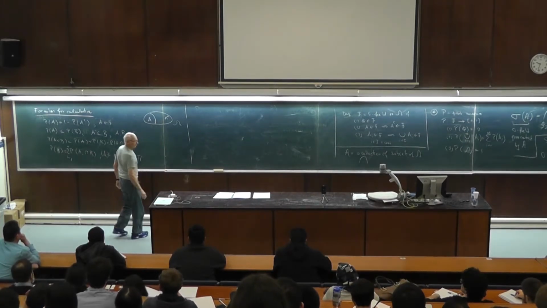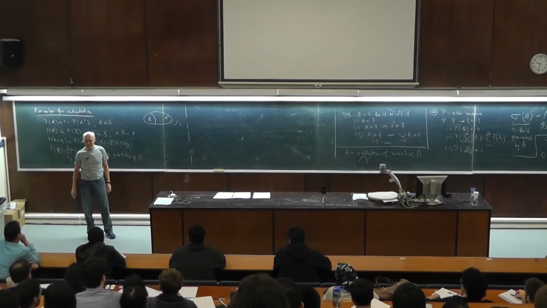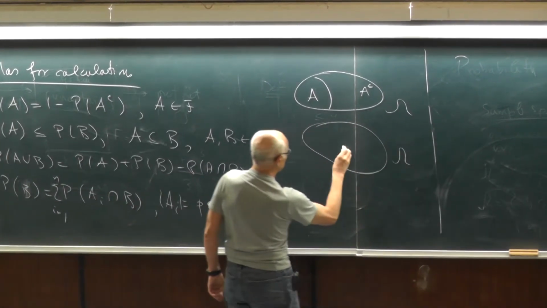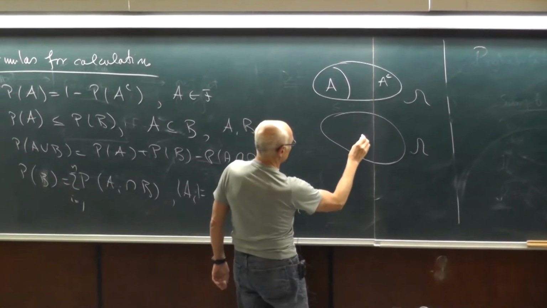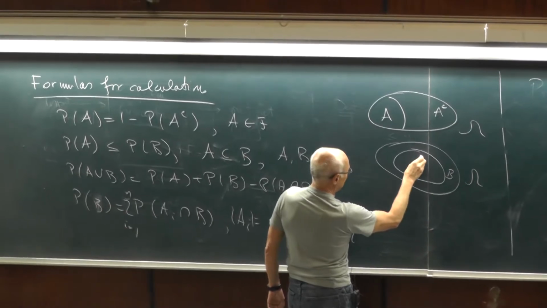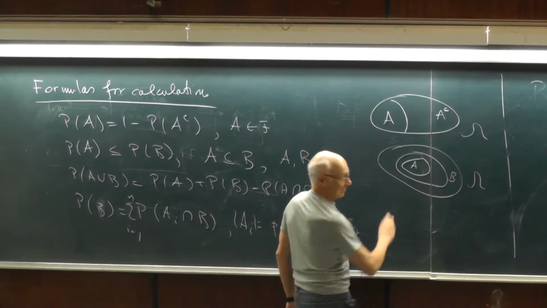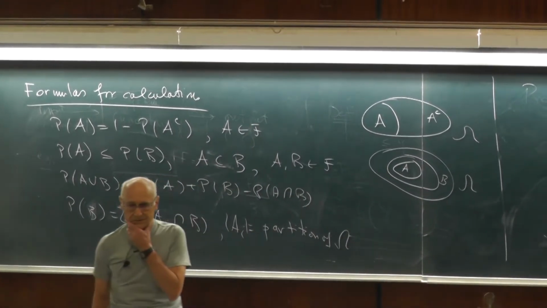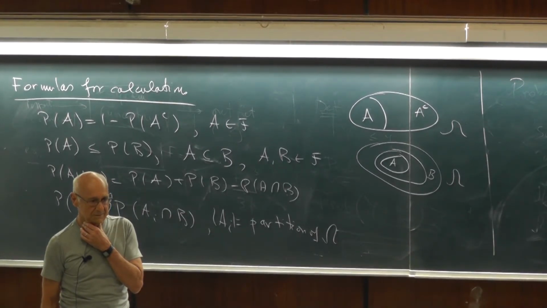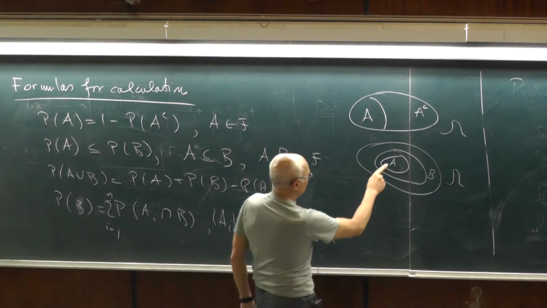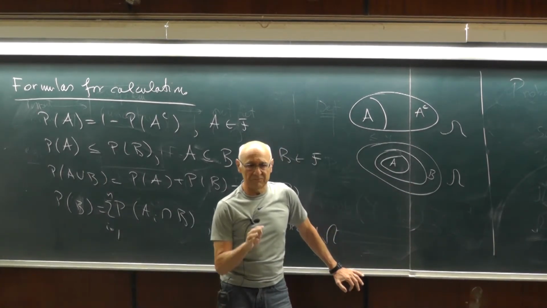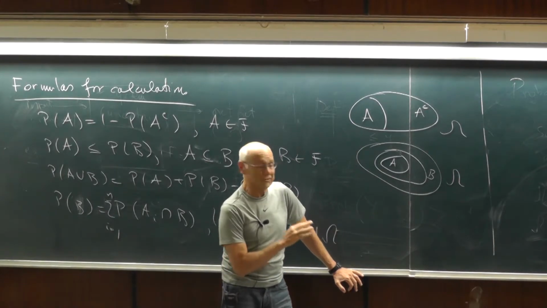What about the second one? Let's draw another picture. Again, this is omega. Which one is bigger? B is bigger. This is B, and A is included in B. Right? So then you can think of the probability of B. I'm trying to do it just with a picture.